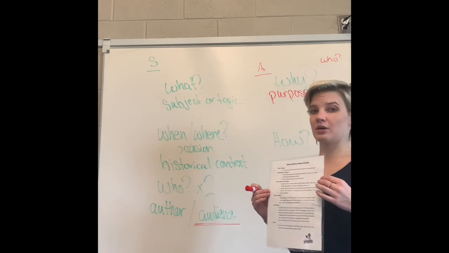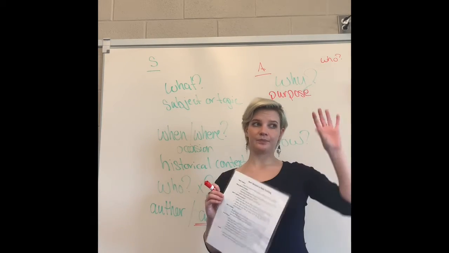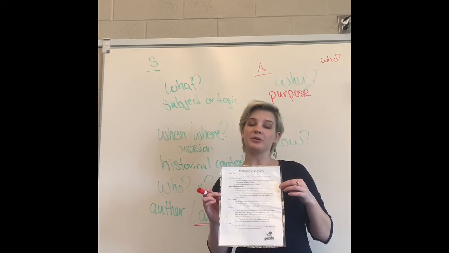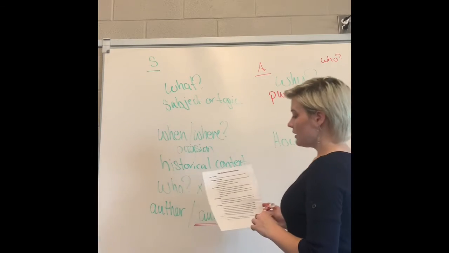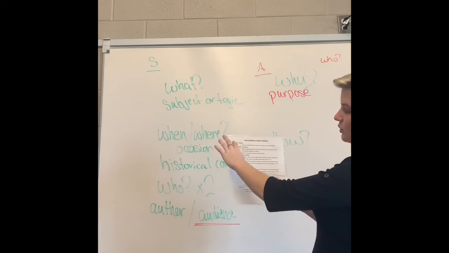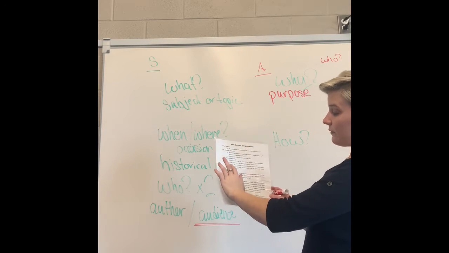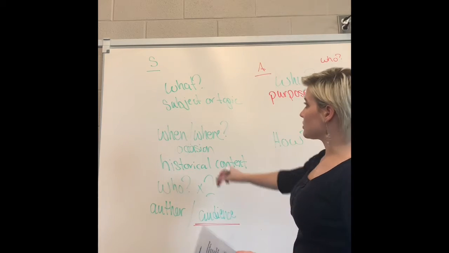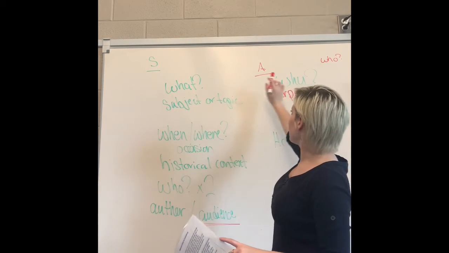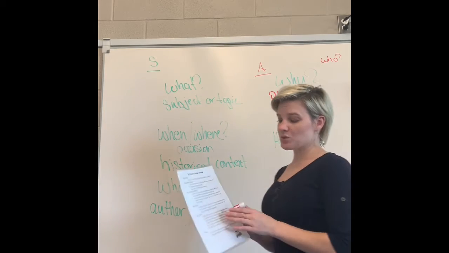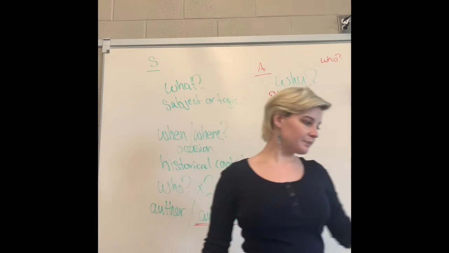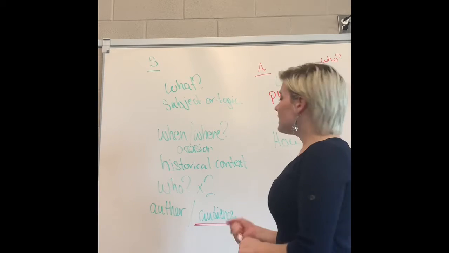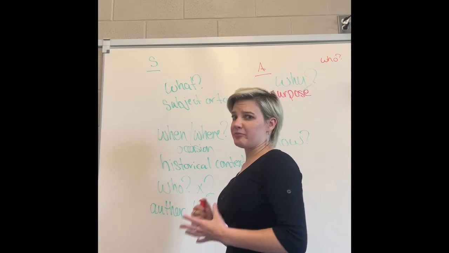There is a digital copy as well on the first aid materials in case you lose it or need another copy for whatever reason. If you look at the first four sections, those are the ones we've just covered. So 1, 2, 3, and 4. The last one is how. And as you can see, it's the longest section on there because it is a lot of parts.